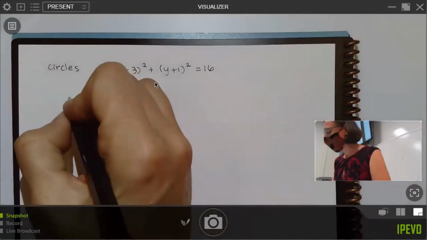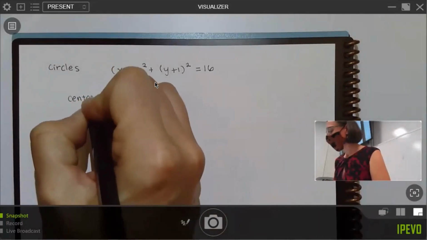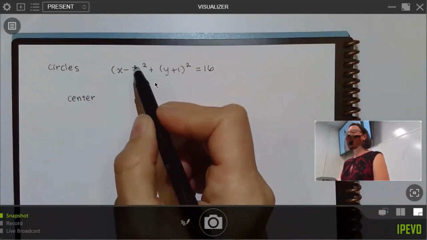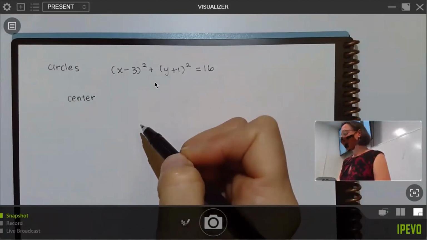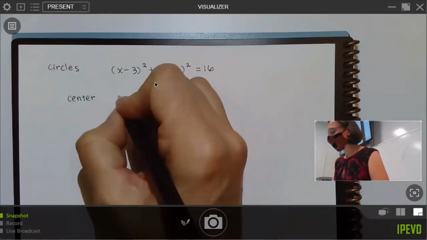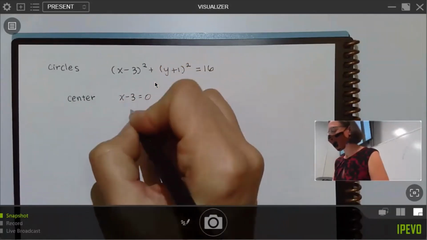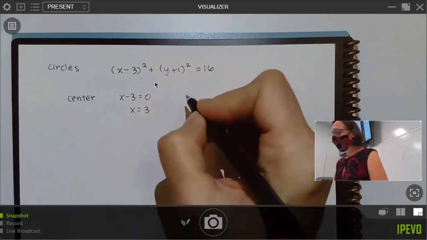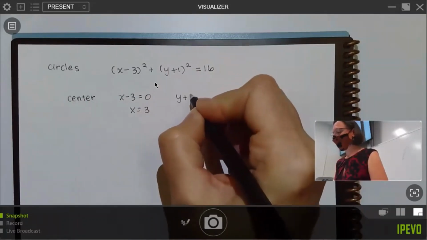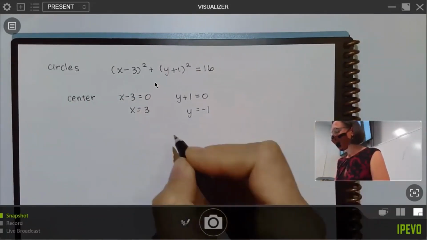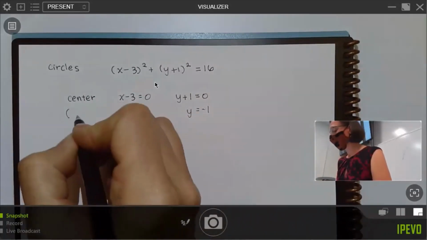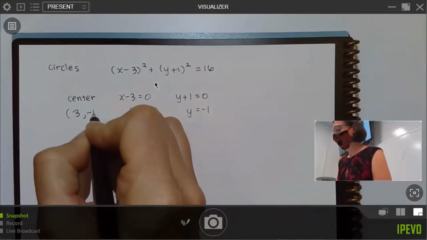So the center of this circle is going to be at whatever makes each of these pieces equal to 0. The x value for my center would come from setting x - 3 equal to 0, and the y value would come from setting y + 1 equal to 0. So the coordinates for the center of my circle here would be (3, -1).